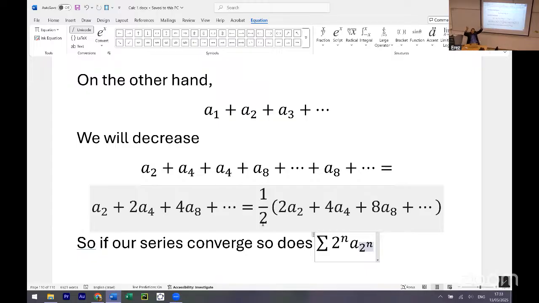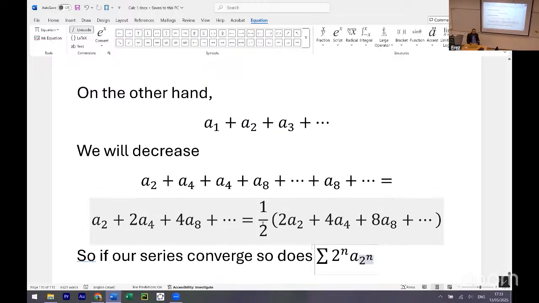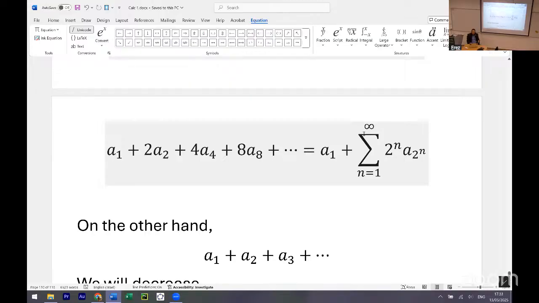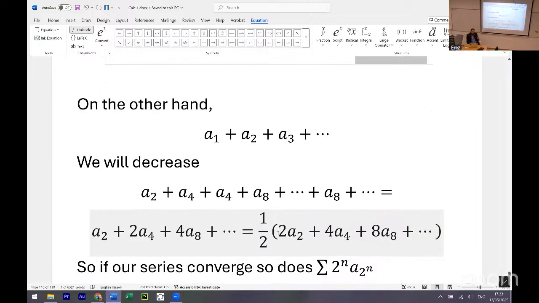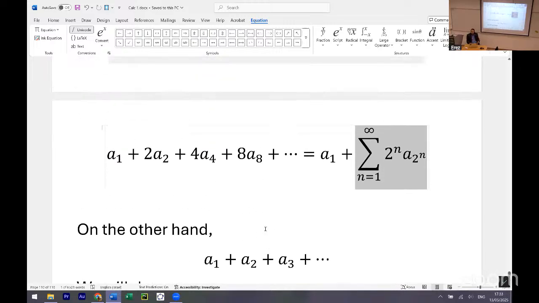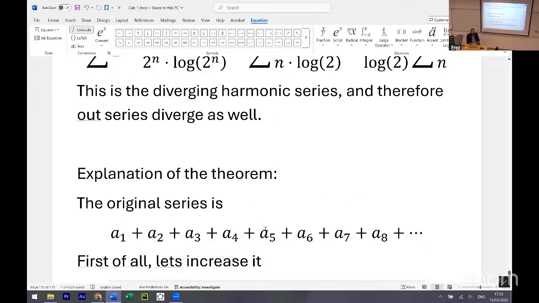You can't say it in one word. But I've proved that this creates a series which is both larger and smaller when you divide it by half, and therefore it's a BFF. They are both converging or both diverging. Okay, that's the main trick behind this beautiful proof.